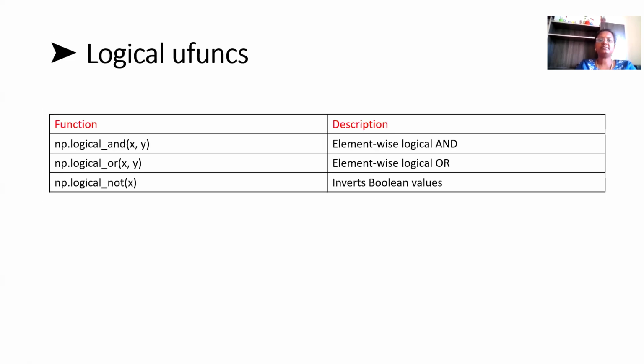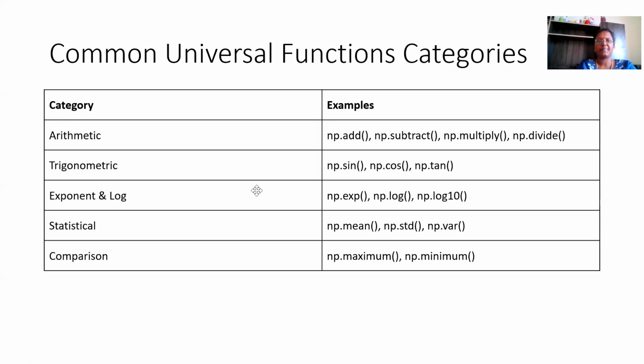And logical universal functions: in the previous lecture we have seen and, or, not. So element-wise logical and, or, and Boolean functions are also introduced in universal functions. Here you can see the syntax np.logical_and, np.logical_or, np.logical_not of input. If you simply give the input, it will give you the output.